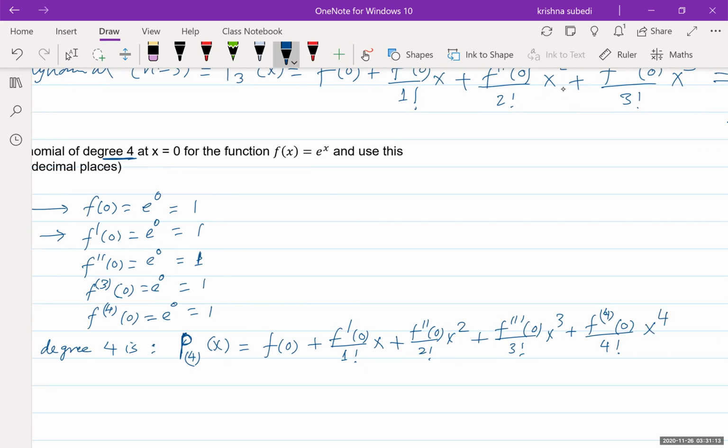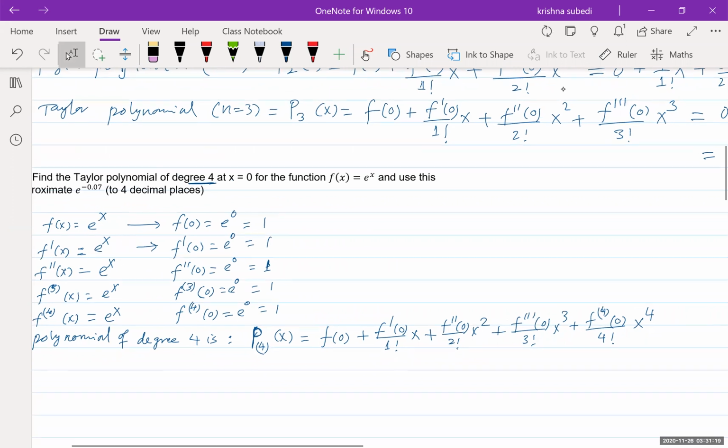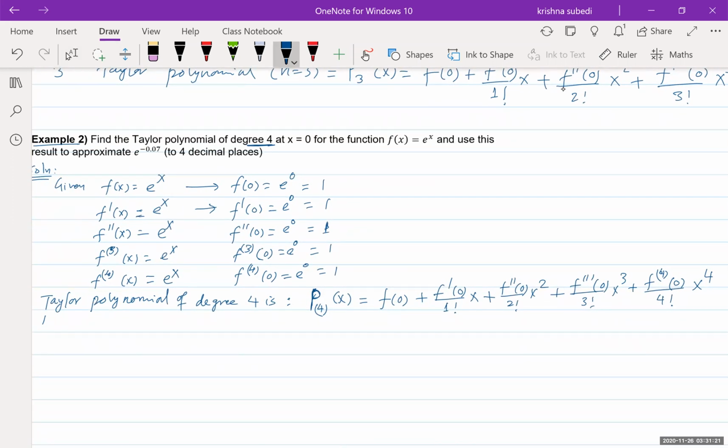Okay, this is the 4th degree polynomial. So stop there. Now substitute the values. That's all you need to do.